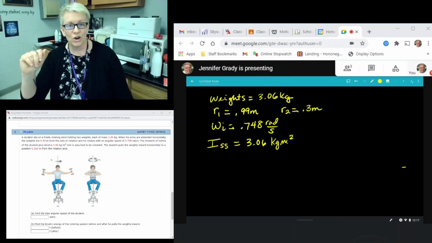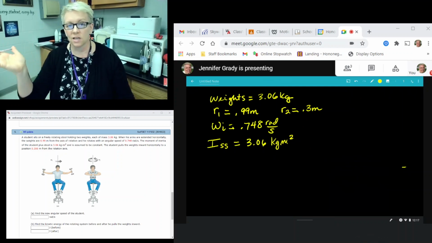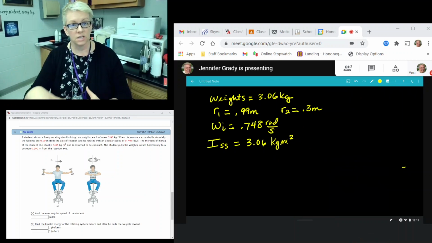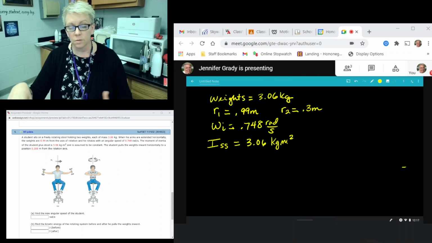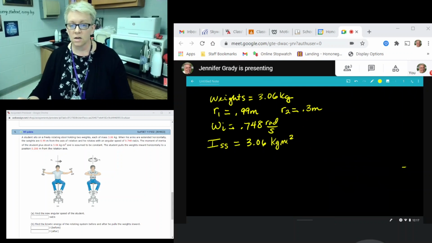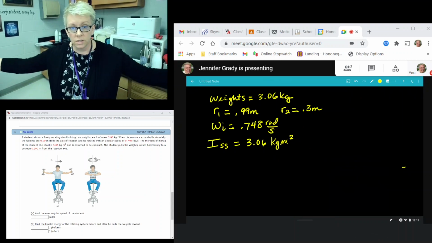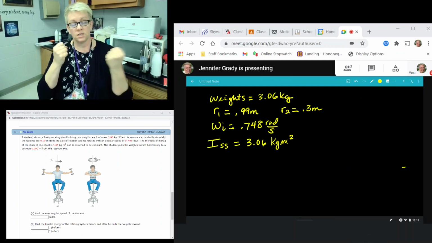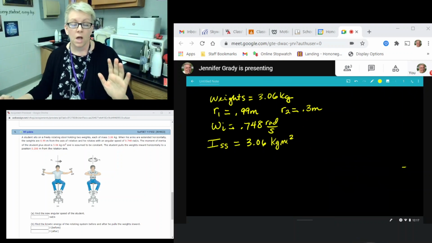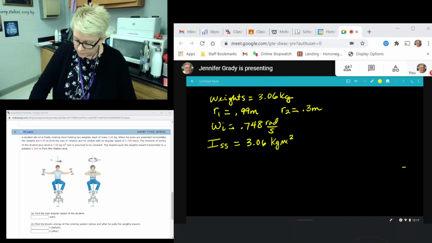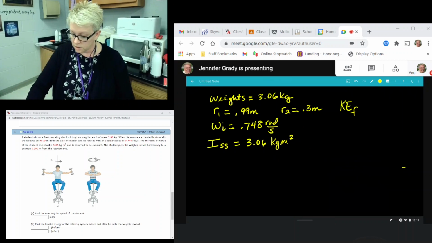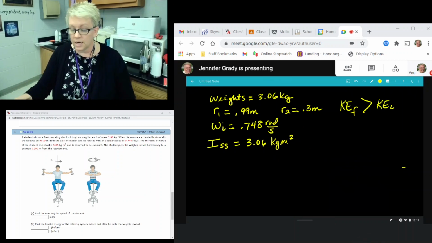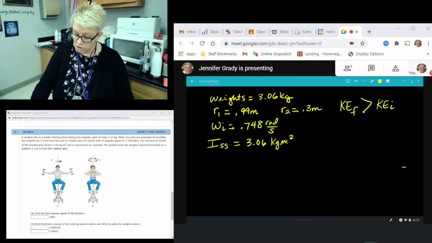Let's see if third time is a charm, and we can actually do something that looks a little bit like physics today. So let's talk about this physical situation. As you can see, I've already copied the numbers out of my particular question, but let's look at the basics here. So a guy's sitting on his stool, spinning around, holding his arms out. And then just like the ice skaters you've seen at the Olympics, when they pull their arms in, they start to spin faster and faster, and he would do the same thing. So what we know is that his final kinetic energy when he pulls his arms in is going to be greater than his initial kinetic energy, because we're going to change his inertia.